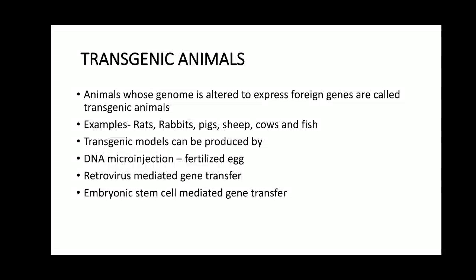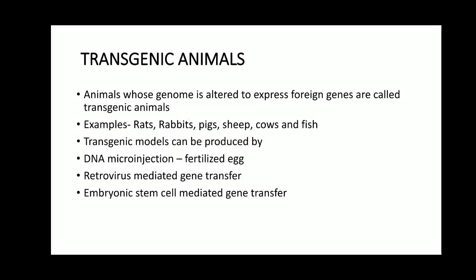In the case of plant cells, to make a genetically modified plant cell, usually the technique used is the gene gun method or biolistic method. It is an important point. In order to make transgenic animals, DNA microinjection is the widely used technique.